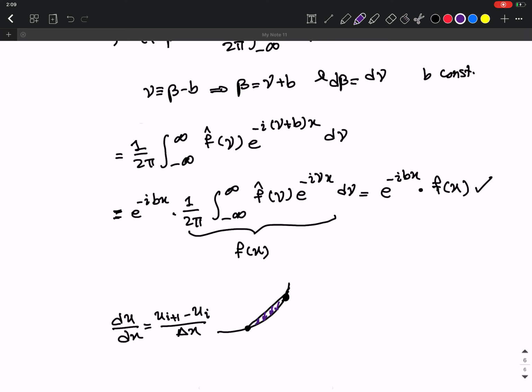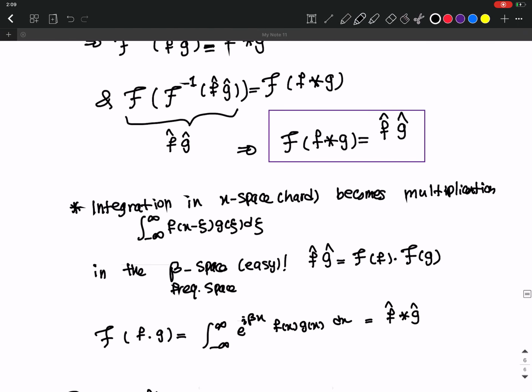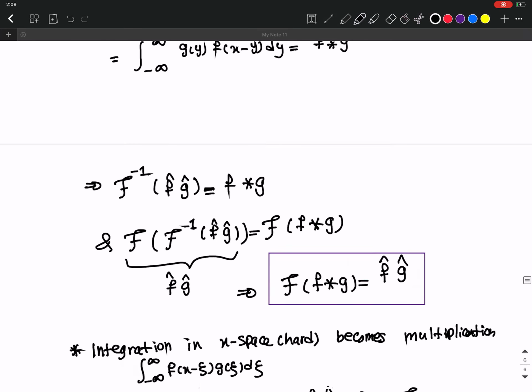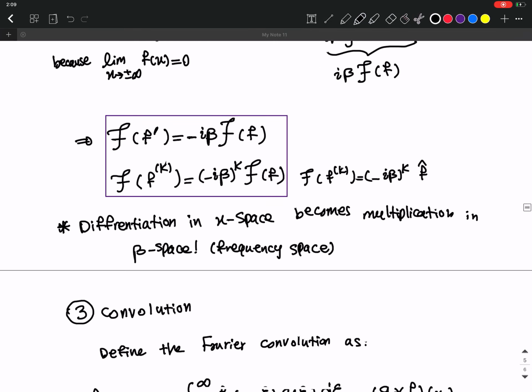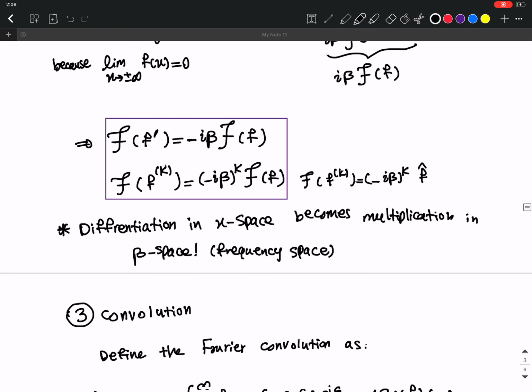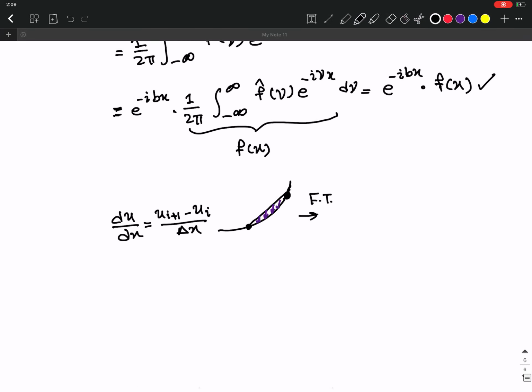But if you use a Fourier transform and take this derivative into the Fourier space, based on the formula that we have for differentiation, you are going to get minus i beta and u hat of beta, right?